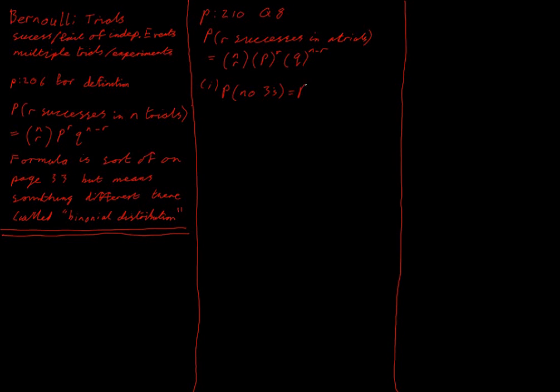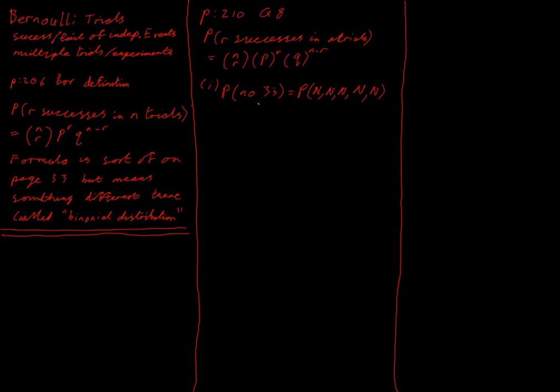When we are running our experiment 5 times, we'd have to get no 3 the first time, no 3 the second time, no 3 the third time, no 3 the fourth time, no 3 the fifth time. So we'd have to get no 3s every single time. That's the only way that can happen. So this isn't too bad. We could do this question without using a Bernoulli trial if we really wanted to, but you'll see the advantage of the formula in a moment.